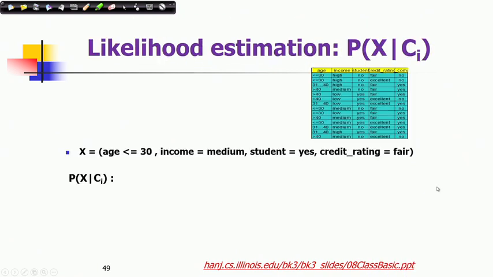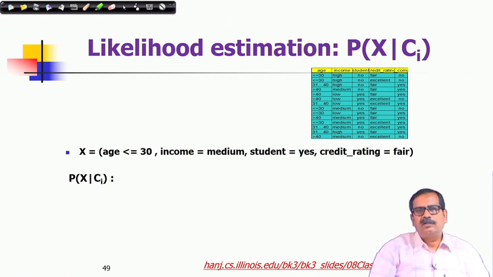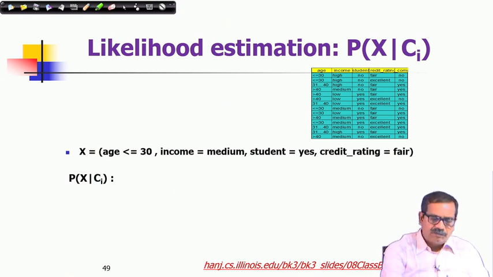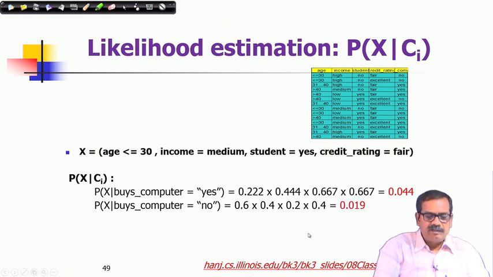So, we have computed all the likelihood values of age less than or equal to 30, income equals medium, student equals yes, and credit rating equals fair. The likelihood of x given any particular class Ci, for example the class of person buying computer, is the product of the likelihoods of all those attributes given the class. Finally, the likelihood of this data given the two classes can be computed.